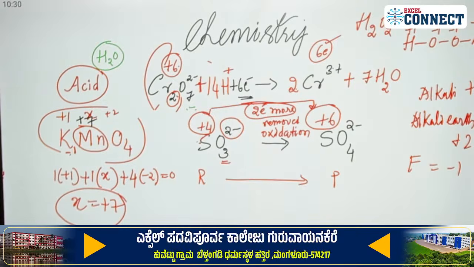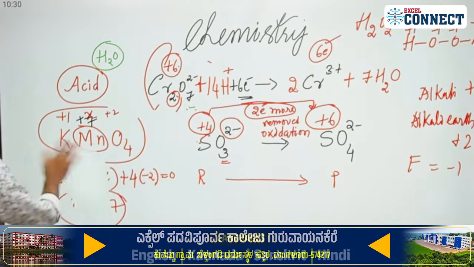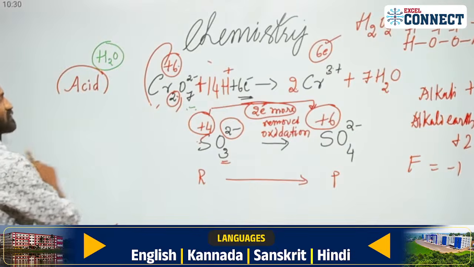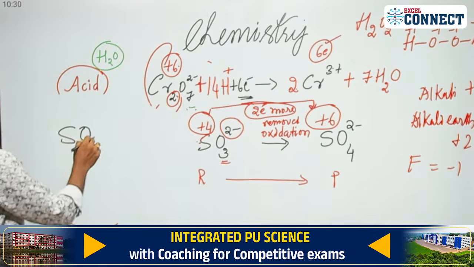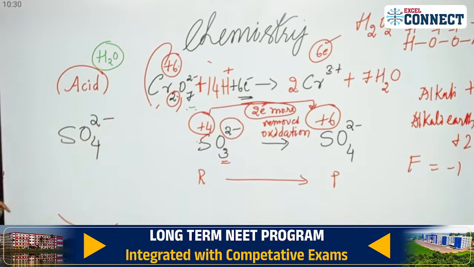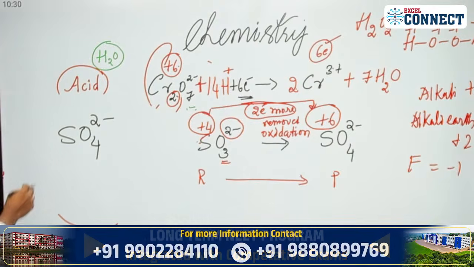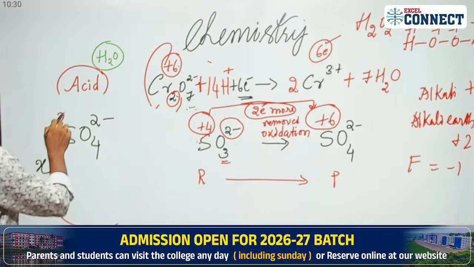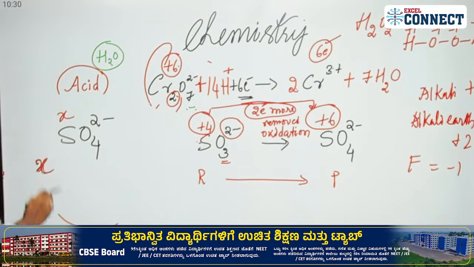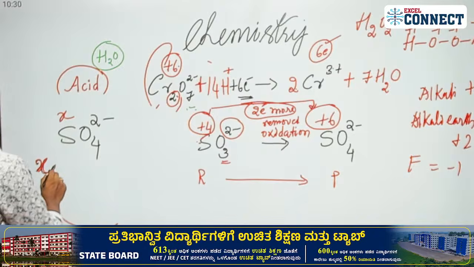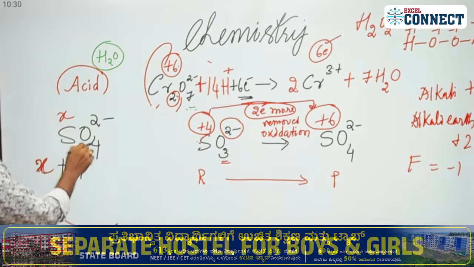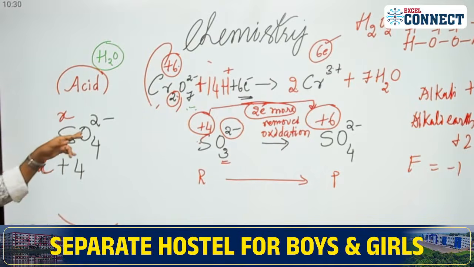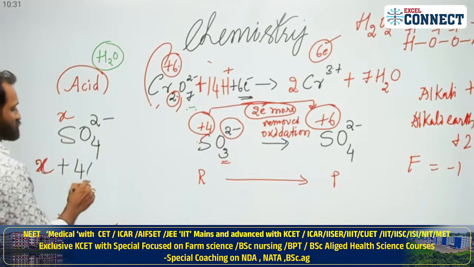This is the method of finding oxidation state. In sulfate, we will find the sulfur oxidation state. Sulfur we don't know, so you have to take it as X. Remaining, my dear students, 4 oxygen atoms are there, and each oxygen atom shows -2 oxidation state.